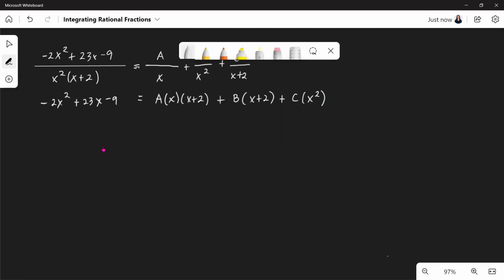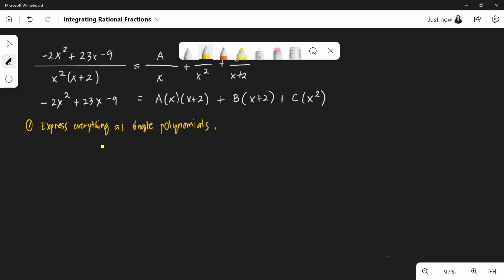So the first step is to express everything as single polynomials.